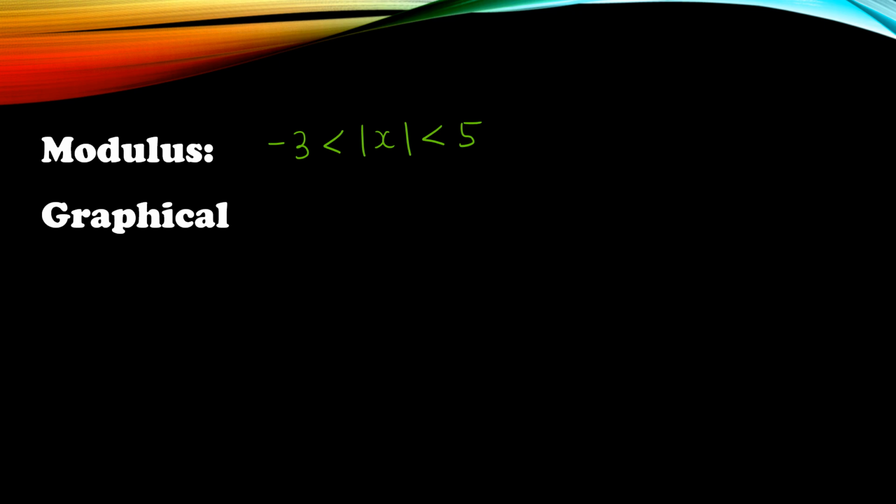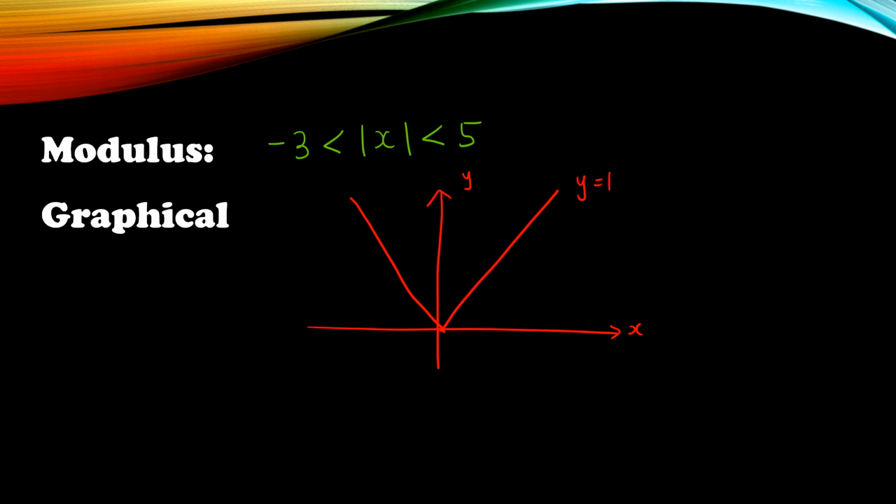So again, I'm going to propose another method to do it, which is the graphical method. What we can do is simply sketch out the graph of modulus x, which is like a V-shaped graph. And what we need to do is to insert the lines y equals to 5 and y equals to -3.